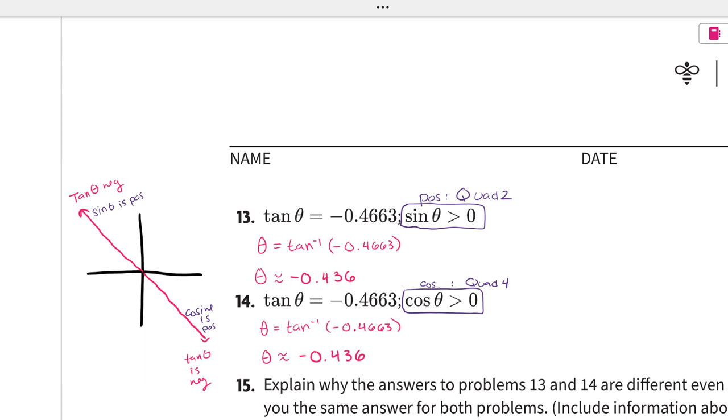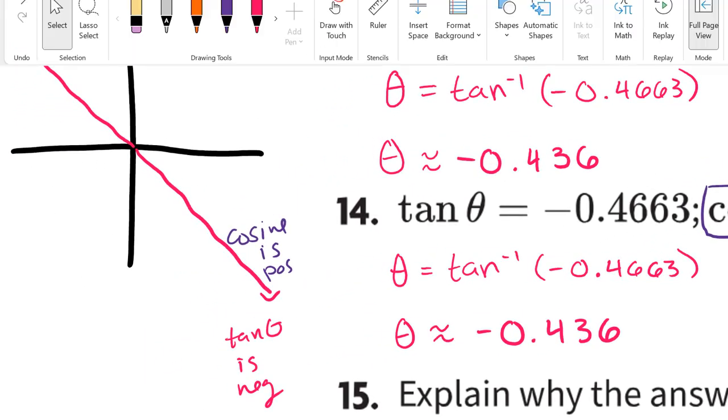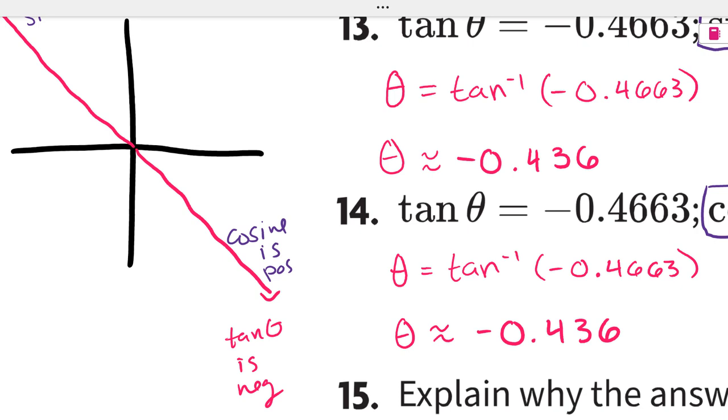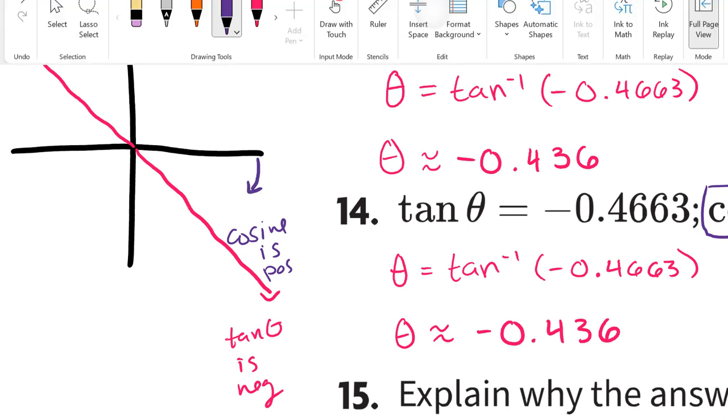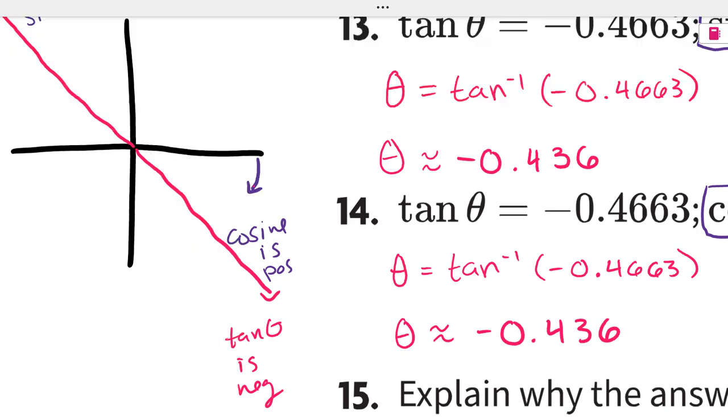So let's analyze what it gave us. It gave us negative 0.436. Negative means we're going clockwise, so we're going downward. So this is the angle that it gave us, theta equals negative 0.436.